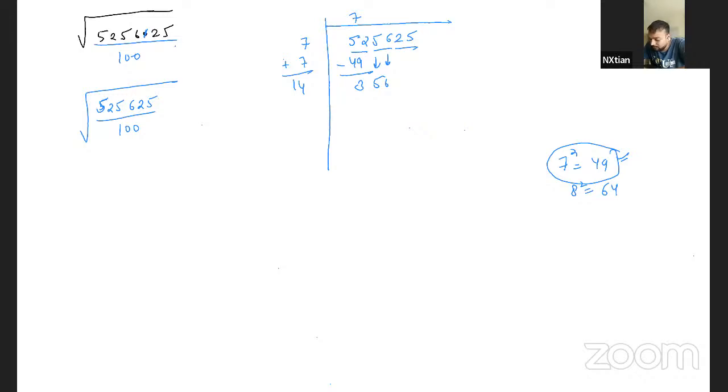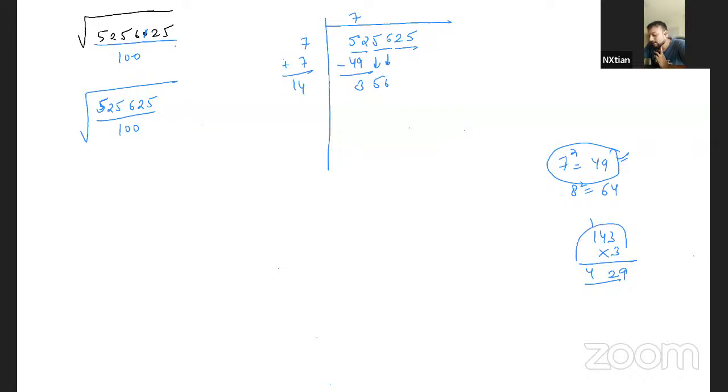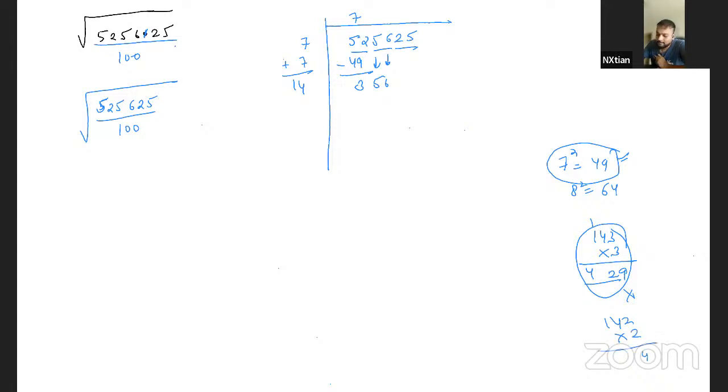Okay, now take any number from 0 to 9. So I'll take 3. 143 multiplied by 3, which is 429. Sir, I thought it was 40. We have to put the closest to 356. Yeah, smaller and closest. So if I find that 3 is greater than this, I will take 2. So 142 multiplied by 2, which will become 284.